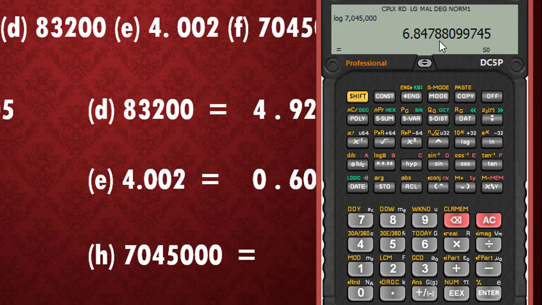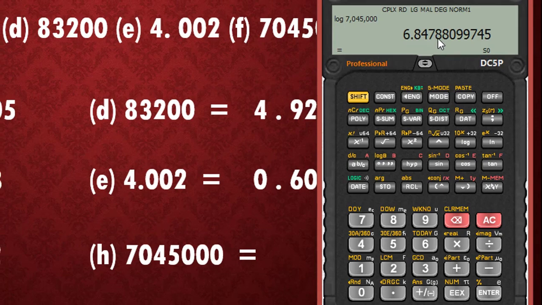So we are supposed to stop around this 8. So look at the number after it and see if you can approximate the number. Since this 8 is the last digit of the 4-digit mantissa, we can approximate it. If the approximation of this 8 gives 1, we add the 1 to this 8, and this 8 becomes 9. So the mantissa is allowed to be 4 digits. The 6 here is the characteristic. So our final answer should be 6.8479.